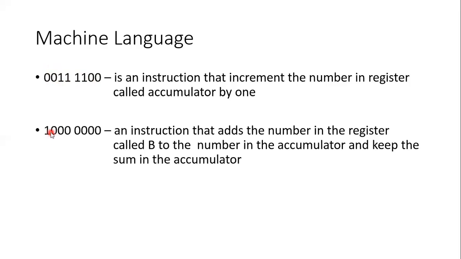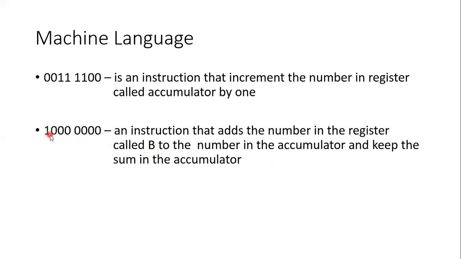Similarly, here is another instruction, 1000 and 0000. That is an instruction that adds the number in the register called B to the number in the accumulator and keeps the sum in the accumulator.